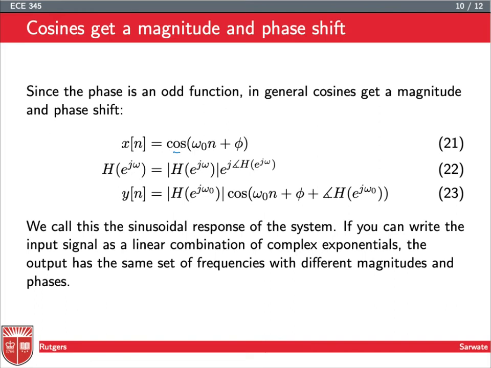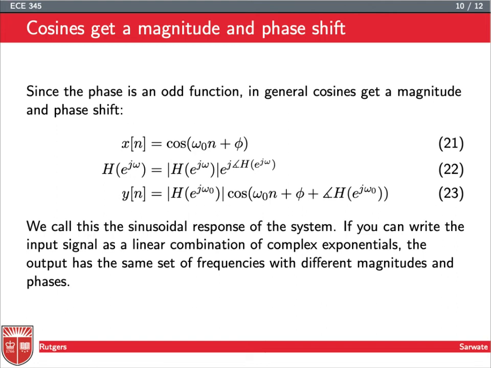So if I had a cosine of ω0 n plus φ, and a coefficient H(e^{jω}), that's basically this H(e^{jω}) magnitude times e^{j phase}, then we're just going to get the magnitude, plus the phase added to the cosine. And we call this the sinusoidal response of the system, because we're putting in a sinusoid, and we're getting the sinusoid back out with the same frequency, but phase shifted and magnitude shifted.